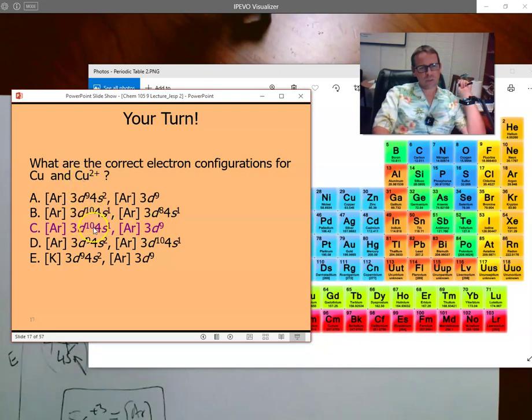And so it will be removed. In fact, copper 1 is a relatively stable ion with 3d10, 4s0. What's happened there is one electron has left the 4s, and the second electron doesn't stay in the 4s, but it transfers out to the 3d.